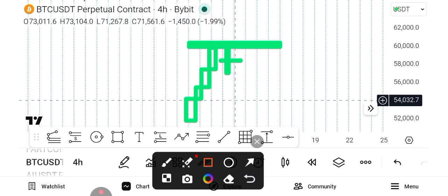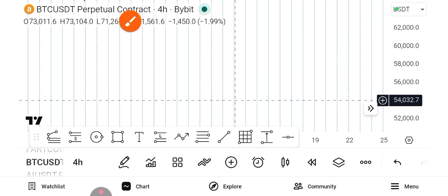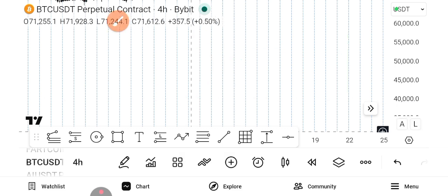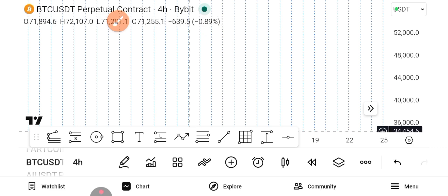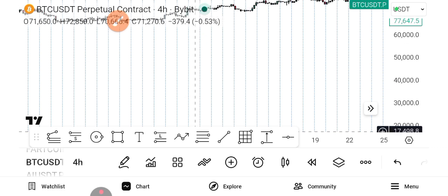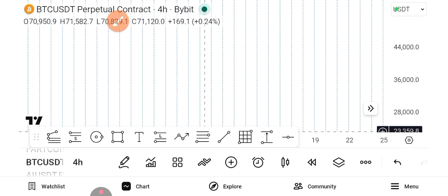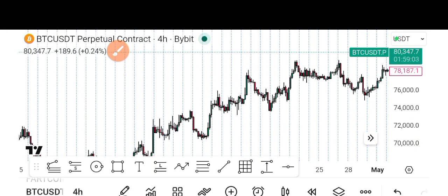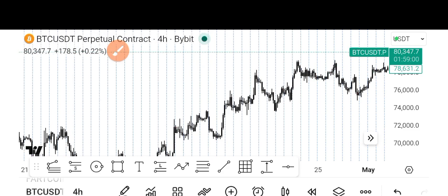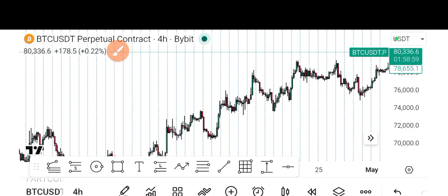So now let's go to the real charts. Let's look for the traditional doji. So this is it. We are looking for a traditional doji, don't forget.